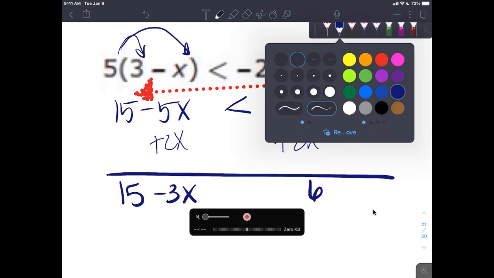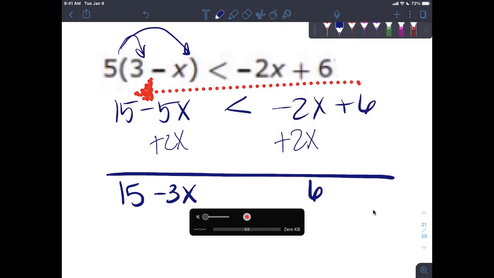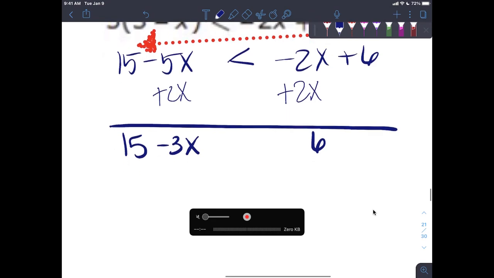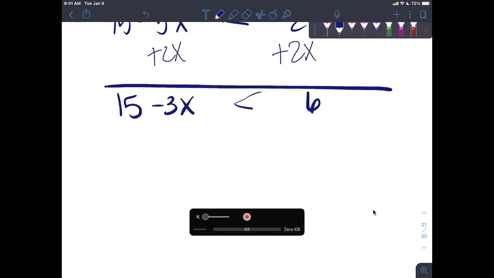And then I'm going to ask myself, did you multiply or divide by a negative number on both sides? I did not. Therefore, my symbol stays the same.